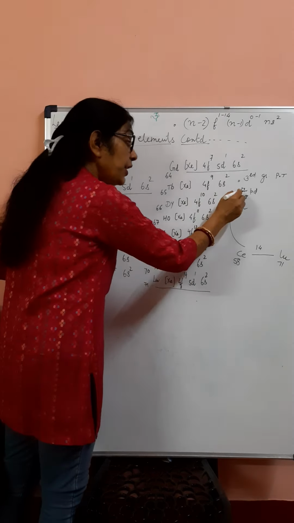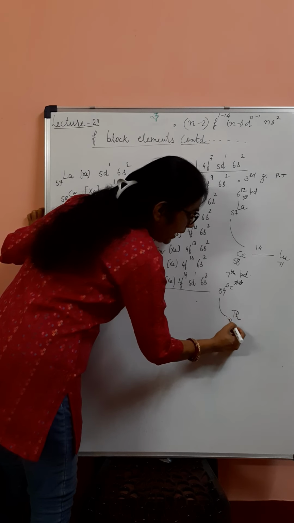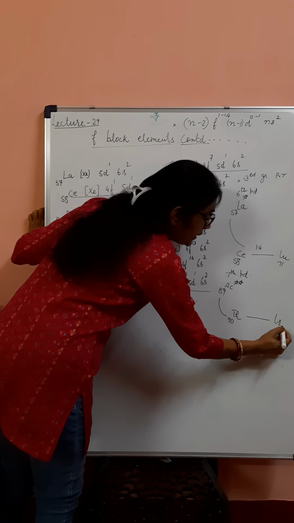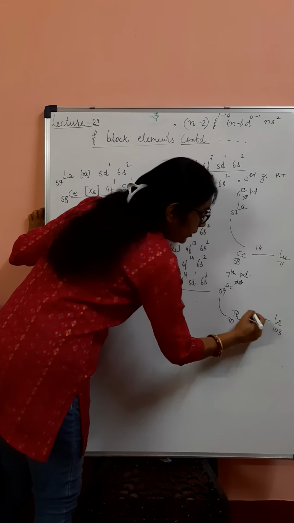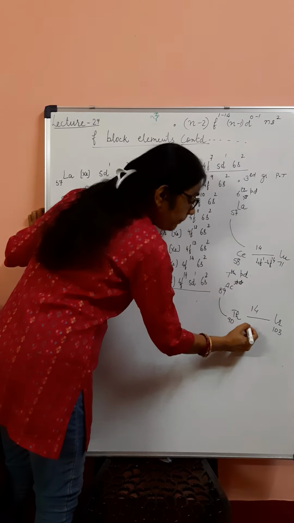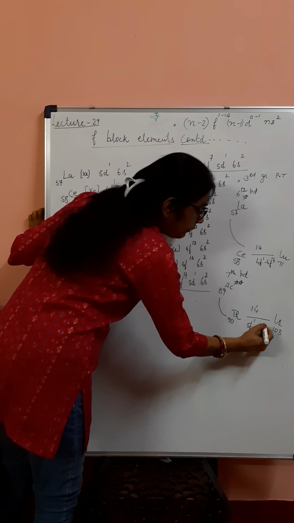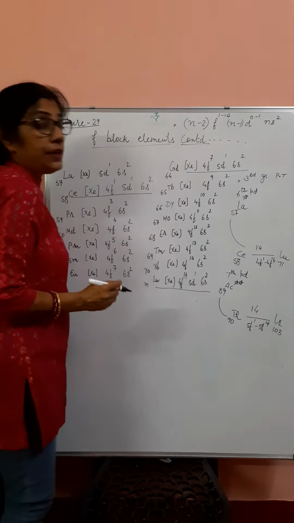There is a double star on actinium whose atomic number is 89, and thereafter at the bottom in the 7th period itself, thorium 90 to lawrencium 103. So once again 14 elements. Here successively 4f orbitals are filled up, here successively 5f orbitals are filled up.